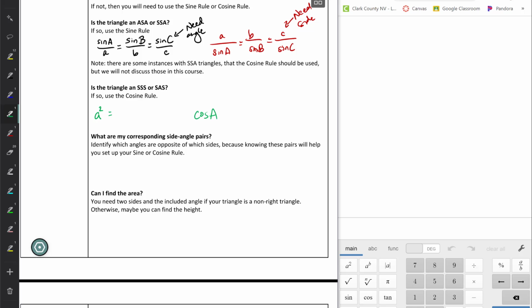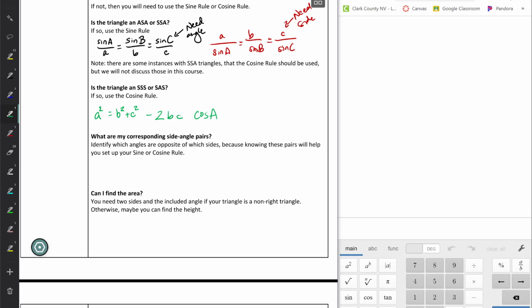So we have a squared and then cosine A, those are on the outside. On the inside, we have the rest of the Pythagorean theorem, b squared plus c squared, and then we have minus 2bc. So it's the remaining two sides that make up the inside, and that makes it a lot easier for me to build this relationship, and I use it as appropriate.